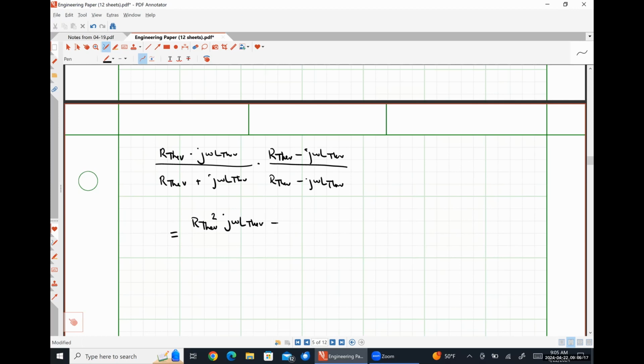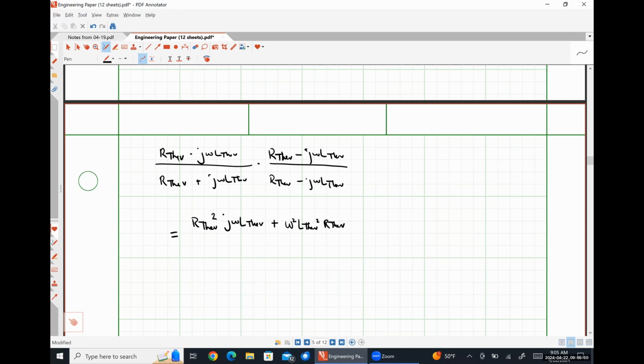Then, j times j is -1, but there's a negative sign, so that's going to turn that into positive: omega squared L Thev squared times R Thev. Did I algebra that correctly? Let's start there. Can you guys even catch what I'm throwing at this point?